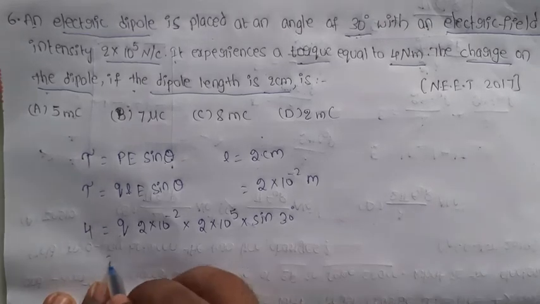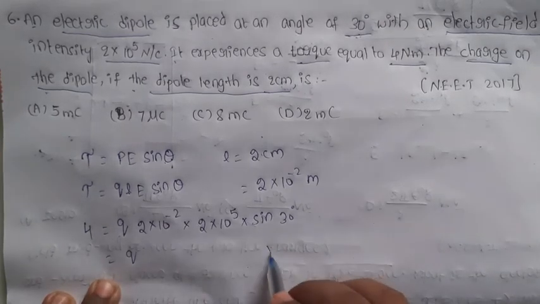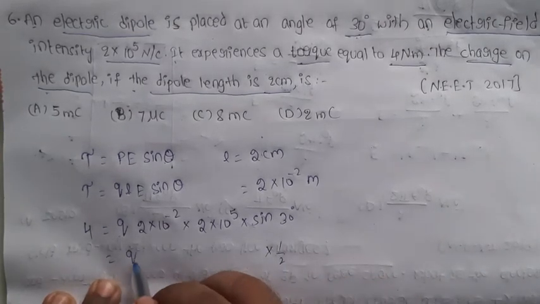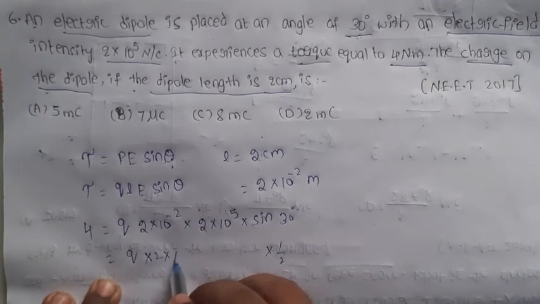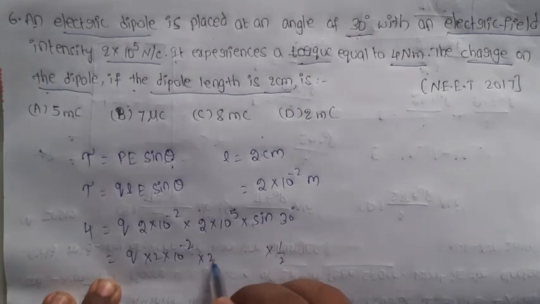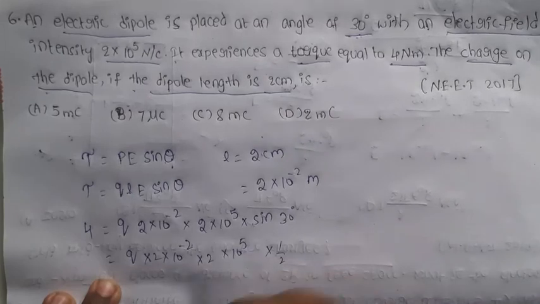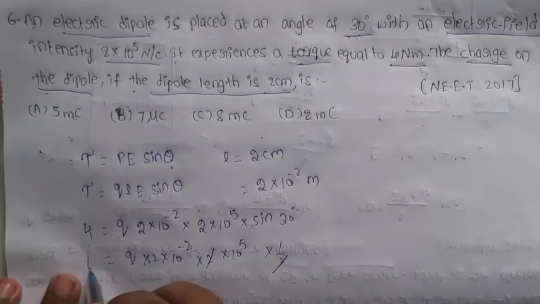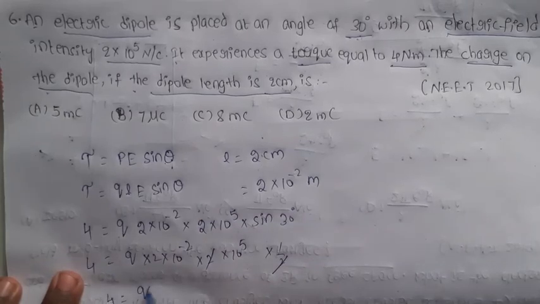What is the value of sin 30? Sin 30 is 1 by 2. So 4 equals q into 2 into 10 to the power of minus 2 into 2 into 10 to the power of 5 into 1 by 2. Here the 2 gets cancelled, so 4 equals q into 2 into 10 to the power of 3.